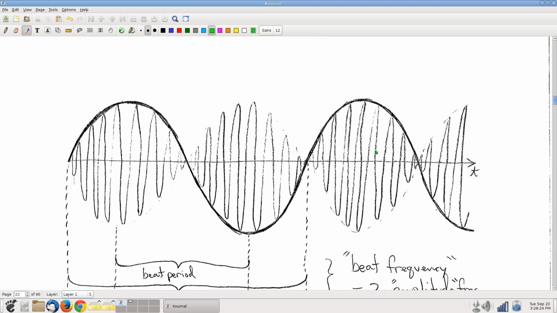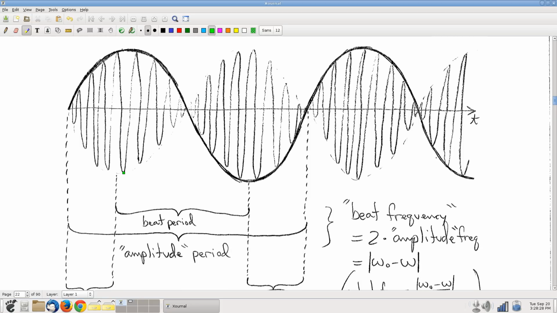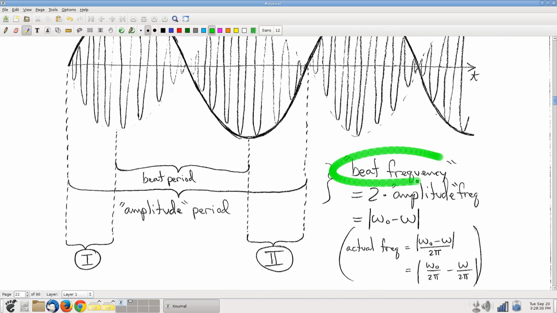is the difference of those two frequencies. And again, even if you want to talk about actual frequencies, the beat frequency is the difference between the two actual frequencies. So if you have two nearby notes on a piano, their frequencies are pretty close to each other.